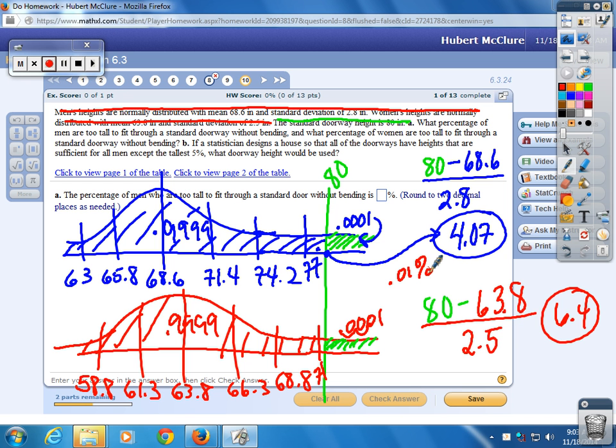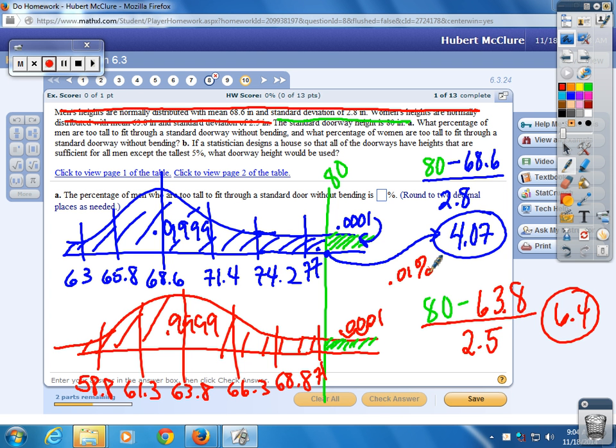Okay, B. A statistician designs a house so that all of the doorways have heights that are sufficient for all men except the tallest 5%. What doorway height should be used? If a statistician designs a house so that the doorways have heights that are sufficient for all men except the tallest 5%, what is this?